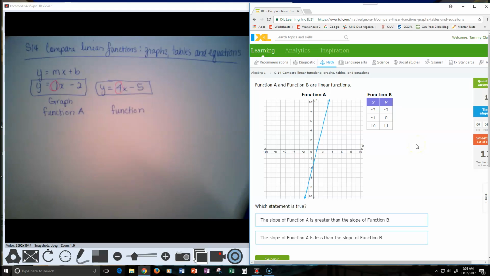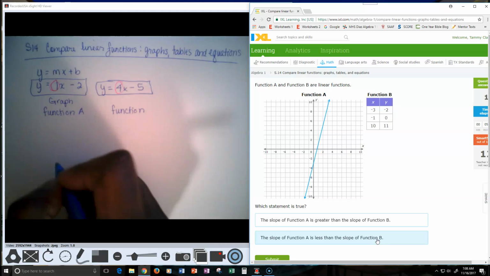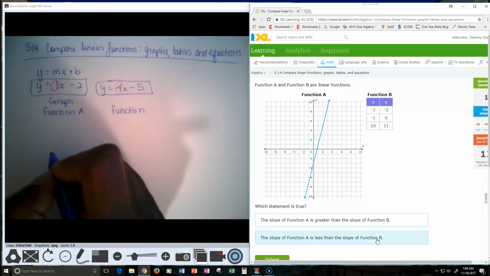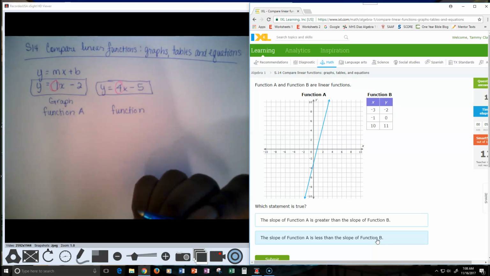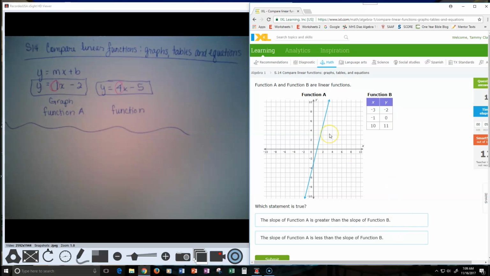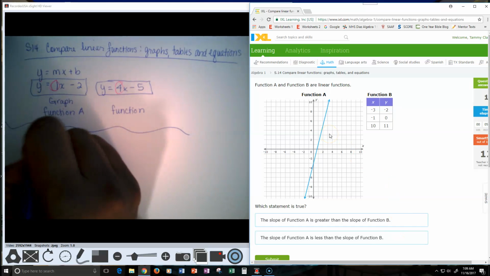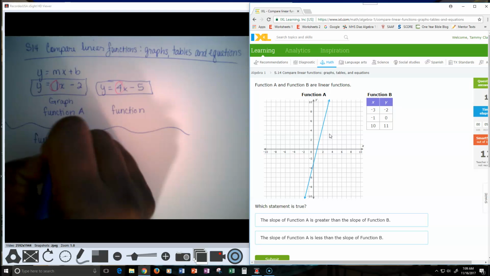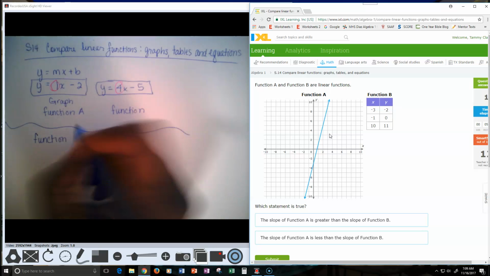So now we have a table. Function A and B are linear functions. Which statement is true? The slope of function A is greater than the slope of function B. The slope of function A is less than the slope of function B. Let's go ahead and write for this one, function A, in slope-intercept form.